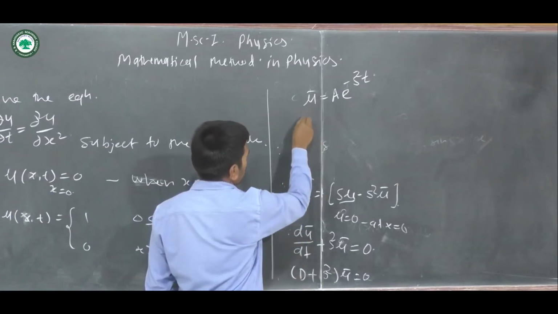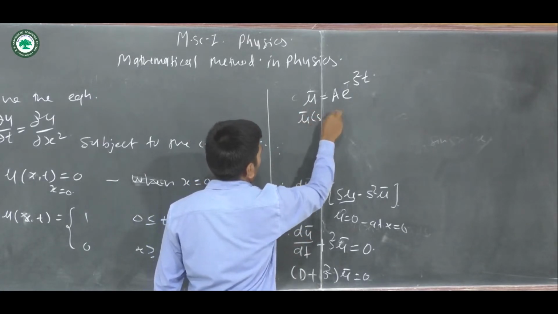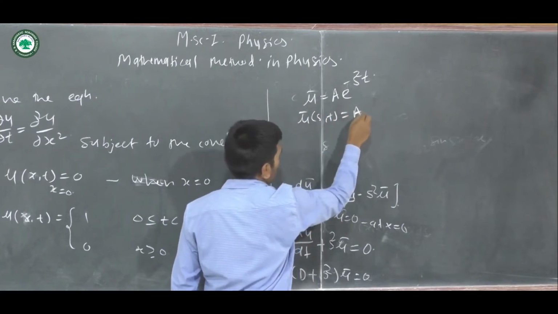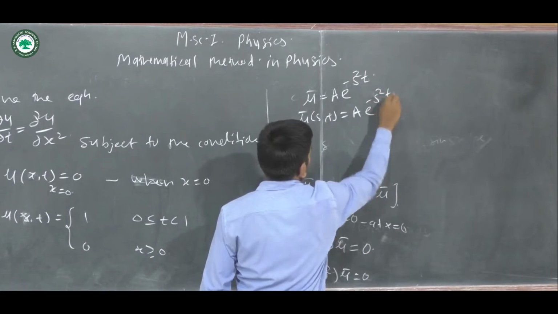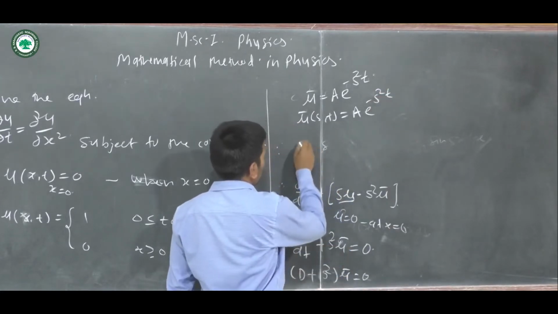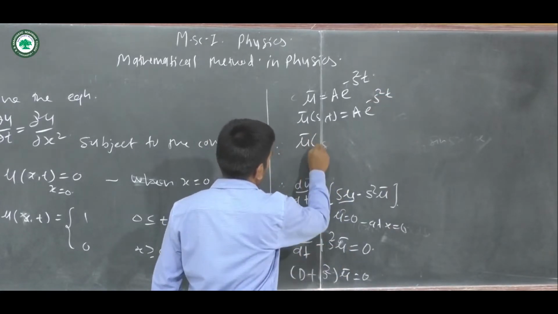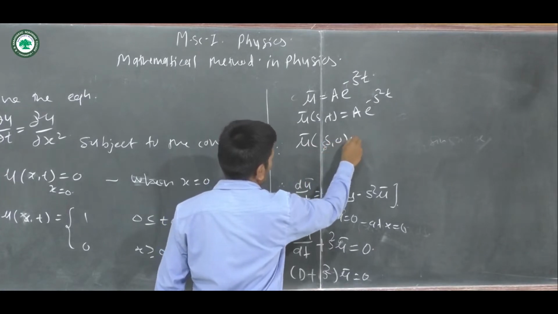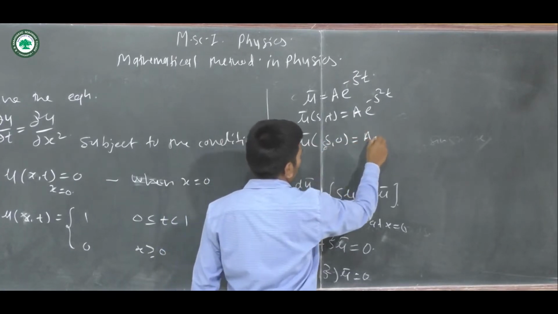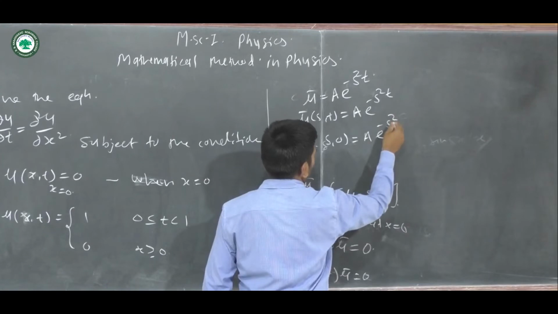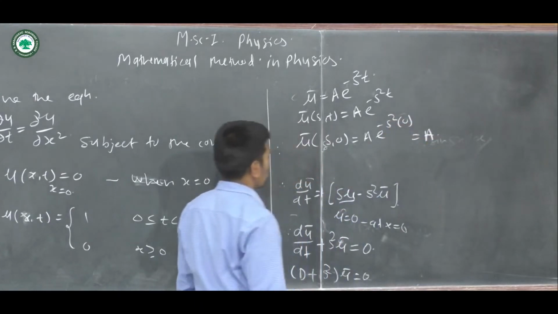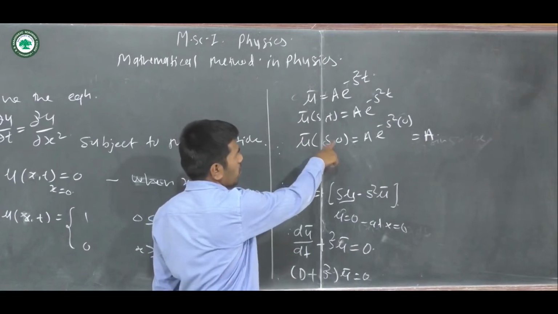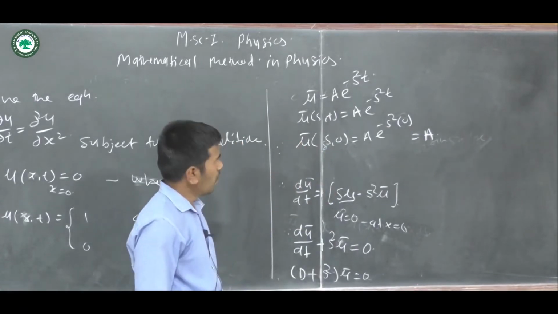This ū is a function of s and t, so we can write ū = a·e^(−s²t). Now ū at t = 0 is a·e^(−s²·0), so ū at t = 0 is equal to a.